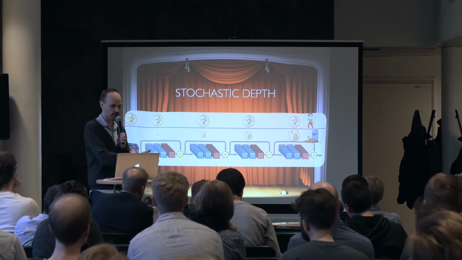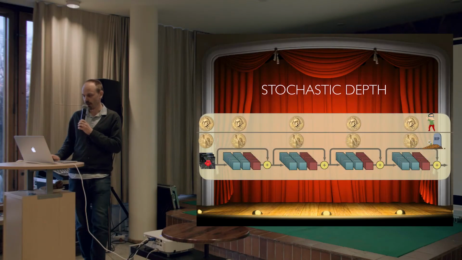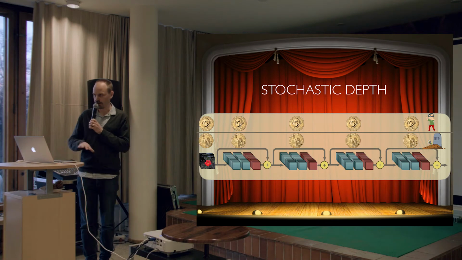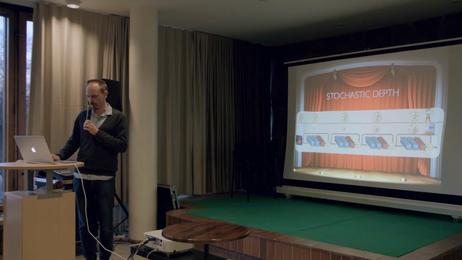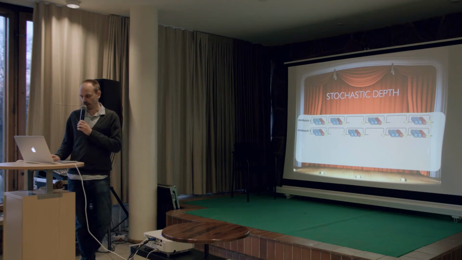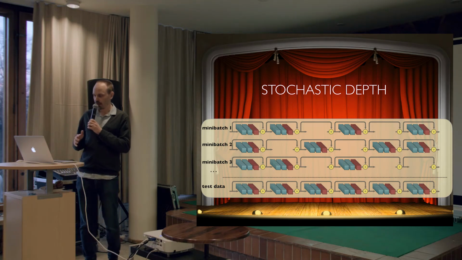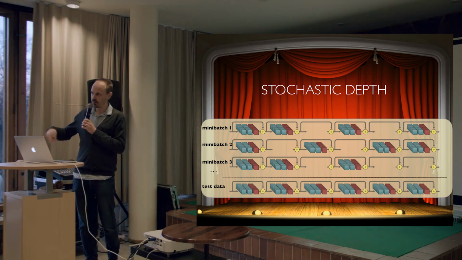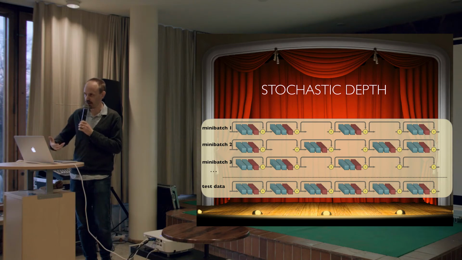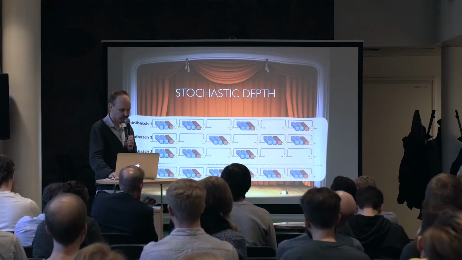So we always keep that, and then the last layer we drop with 50% probability, and in between linearly. So for different images, we drop different layers, and with all of the examples, we use different layers, and this means that we don't rely on any of the individual layers.